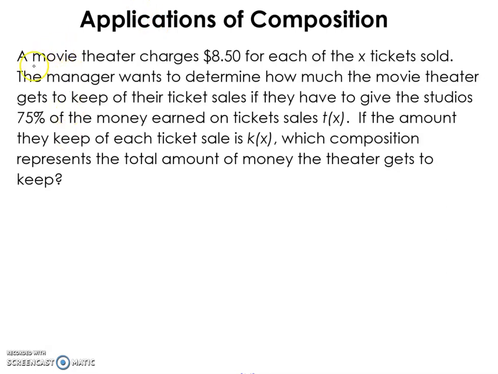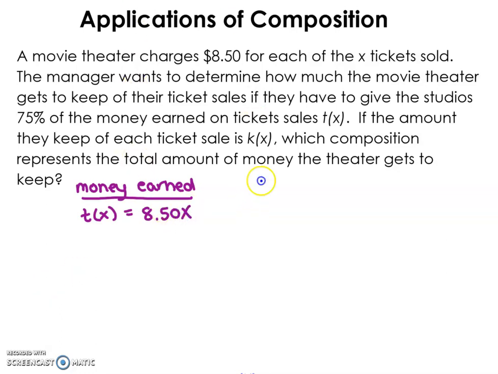So first we want to think about money earned. At the movie theater, the amount of money that the theater makes in general, that they're earning, is going to be T of X. That's how much money is earned, and that's going to be $8.50 per ticket. So we have $8.50 times X, where X is the number of tickets that we have. Now the theater gets to keep what percentage?